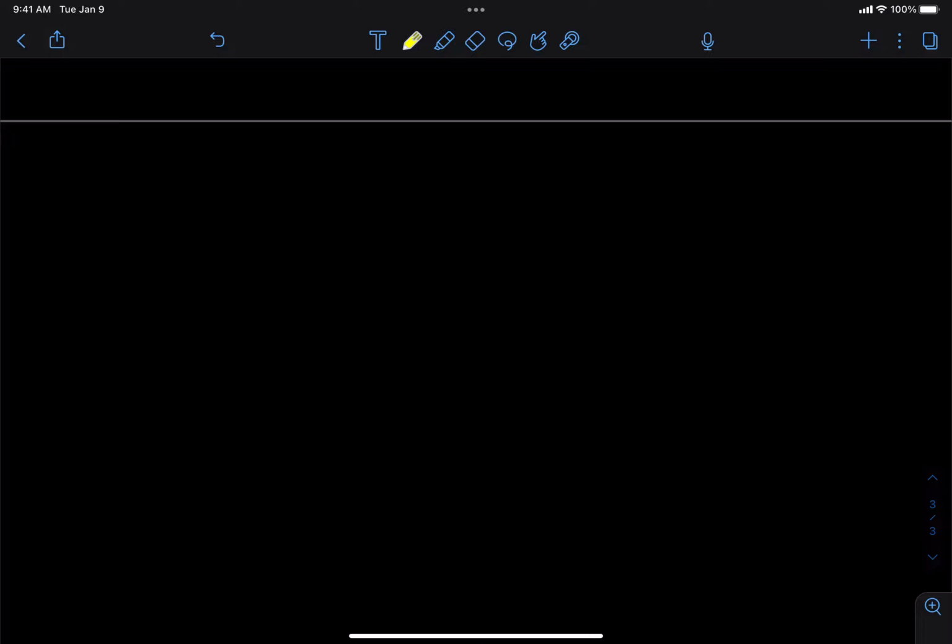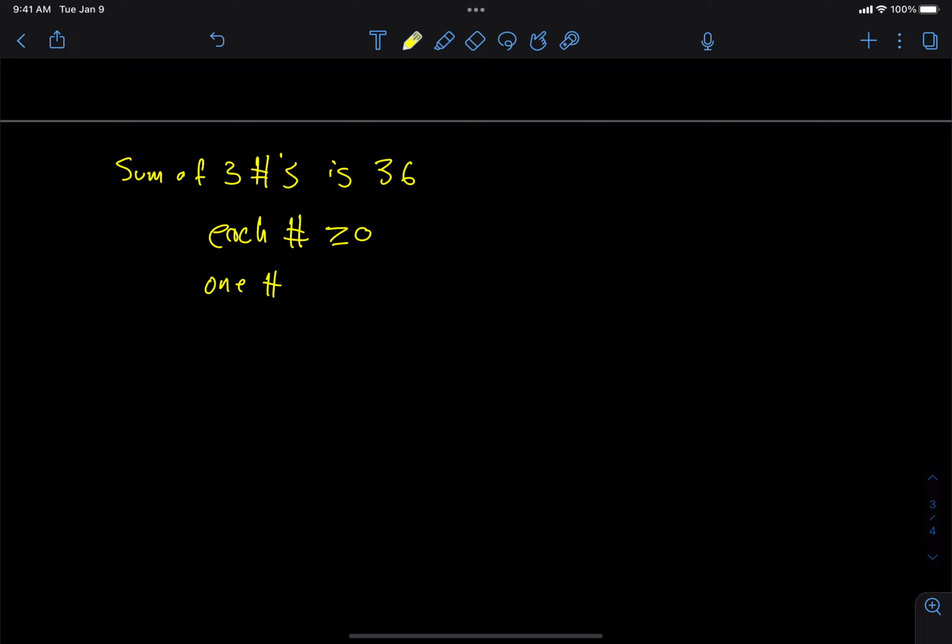Okay, so the sum of 3 numbers is 36. Each number is greater than or equal to 0. One number is twice that of another.